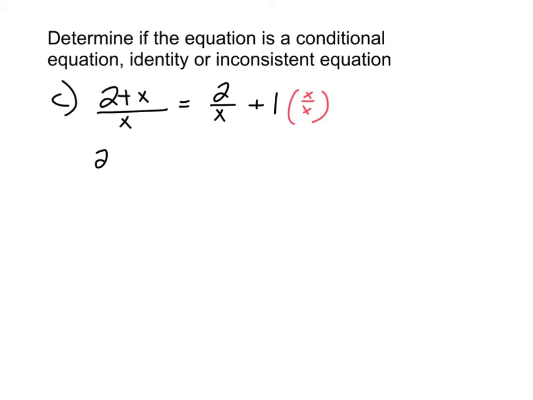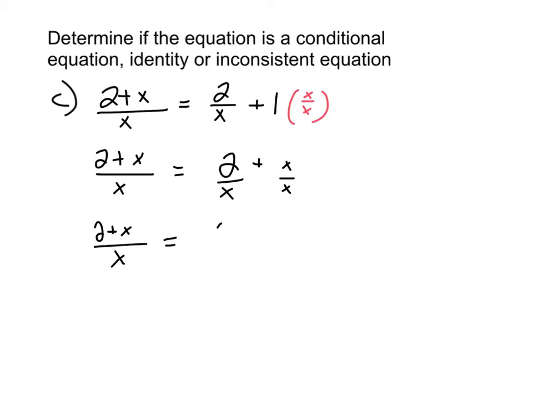Now that these fractions have the same denominator, I can just add up the tops. So I copy the left-hand side, 2 plus x over x, and add the tops on the right, with the x on the bottom.